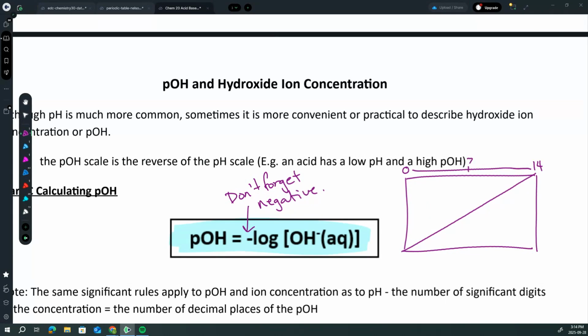So remember that pH is correlated to hydronium ion concentration. When you have a low pH, you have a large concentration of hydronium ions. However, when you have a basic solution, the concentration of hydronium is quite small.